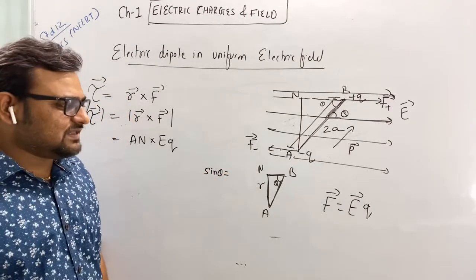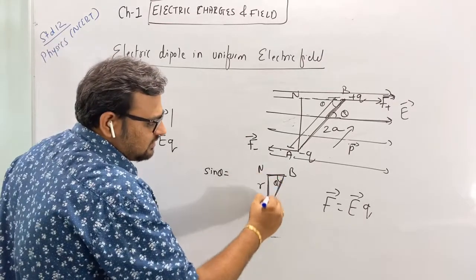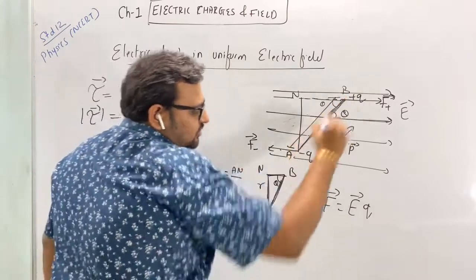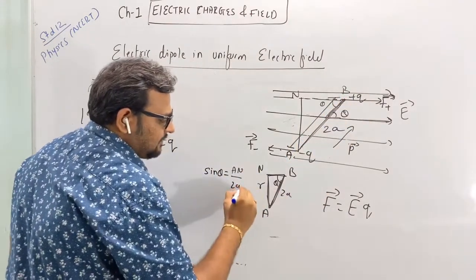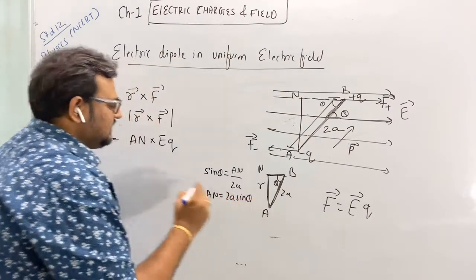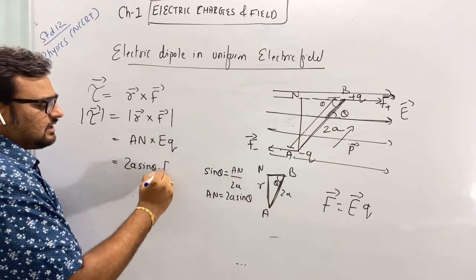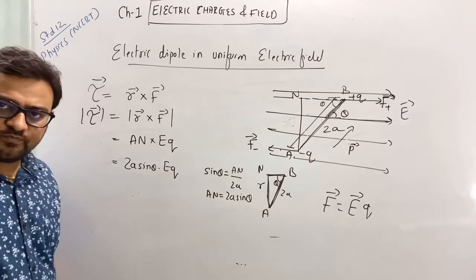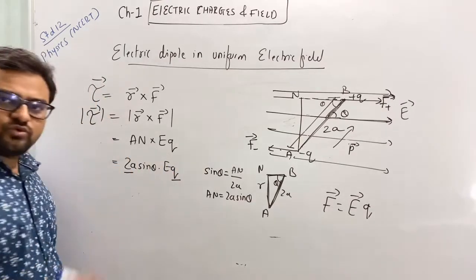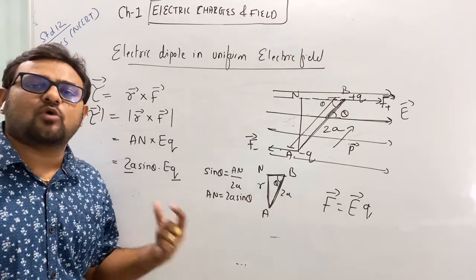Clear? So if I take sine theta, what will sine theta be? Opposite upon hypotenuse. What is opposite? R, that is AN. And what is the hypotenuse? This is 2a. So AN is equal to 2a sine theta. So this will be 2a sine theta into EQ. Clear? Now what is 2a into Q? 2aQ is the formula for dipole moment.